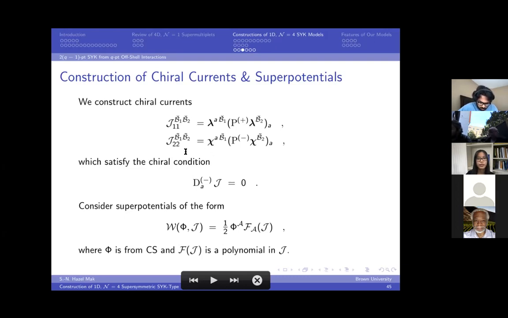We can also construct J22, from tensor supermultiplets, and this combination is chiral. Because these are chirals, we can use them to construct superpotentials. We consider superpotentials of this form, contracted by a chiral superfield from the chiral supermultiplets, and also a polynomial of these chiral currents from either vector or tensor supermultiplets.